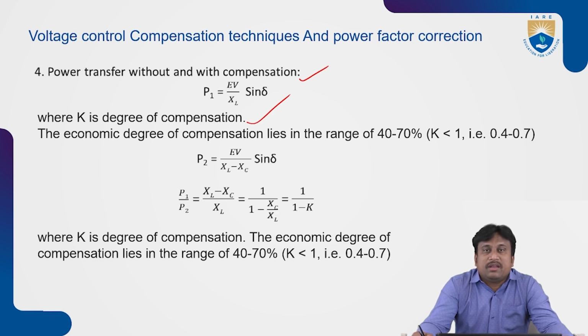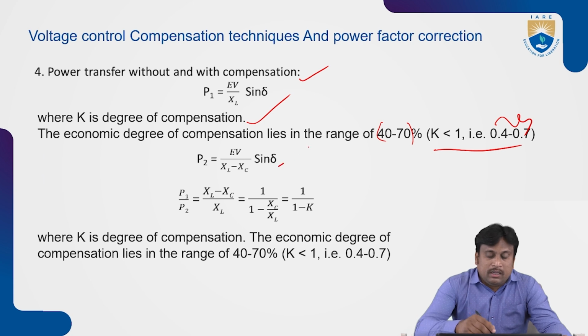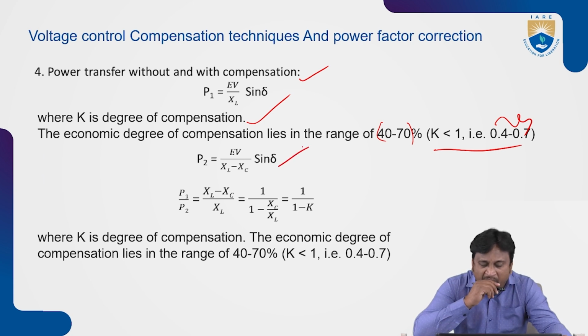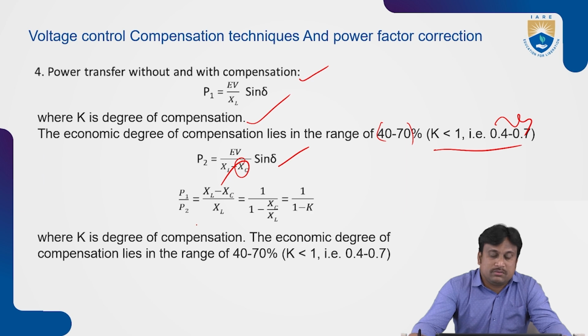The economic degree of compensation in lines is supposed to be between 40 to 70%, where K should be less than 1, that is between 0.4 and 0.7. So P2 becomes EV by, instead of XL, the difference XL minus XC, which gives the capacitive reactance quotient.